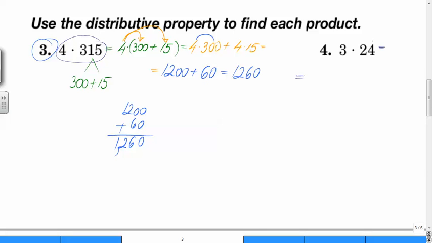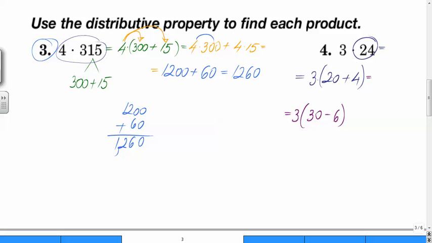Same story here. Think about how you can write that 24 as a sum or a difference of two numbers. So I can write that as 3 times (20 plus 4), or I can write it as 3 times (30 minus 6), whichever way pleases you or is easier for you.